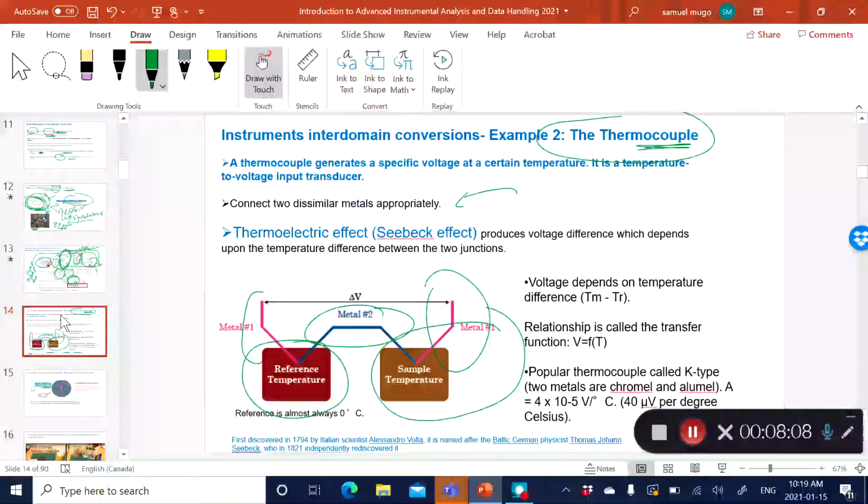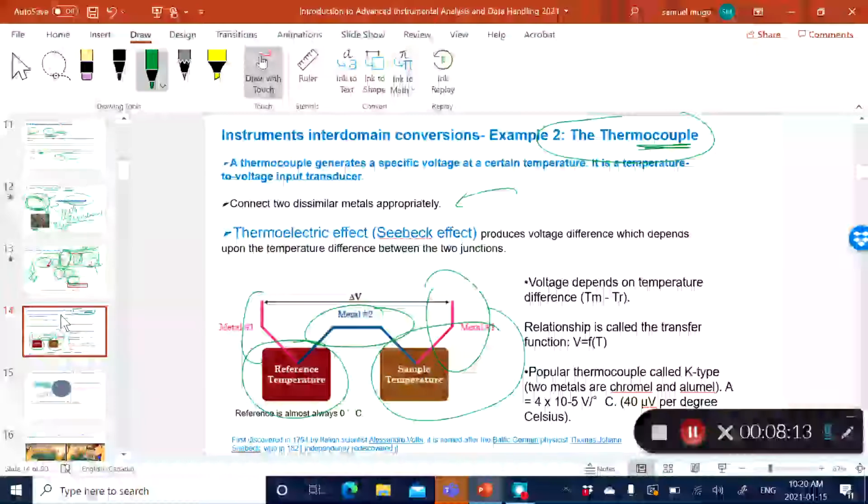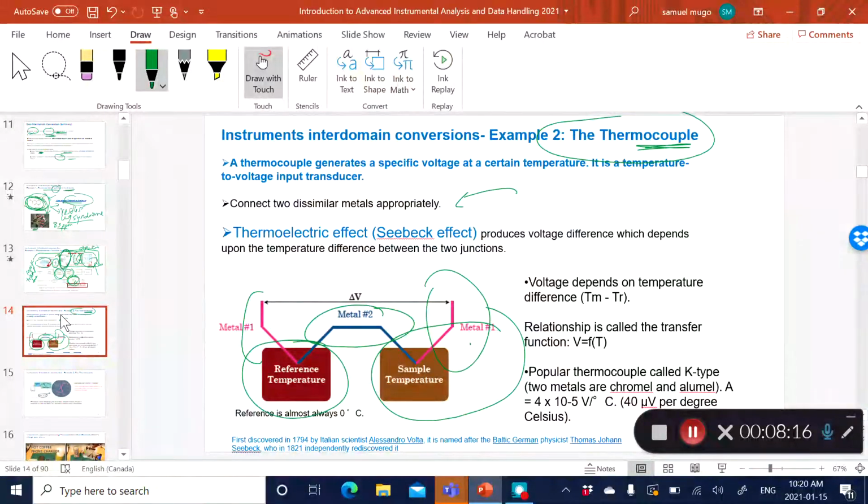Now, the conversion, and of course you can see this one is an input transducer again, the conversion of heat, which is a physical quantity, into electricity, is based on this effect called the thermoelectric effect.